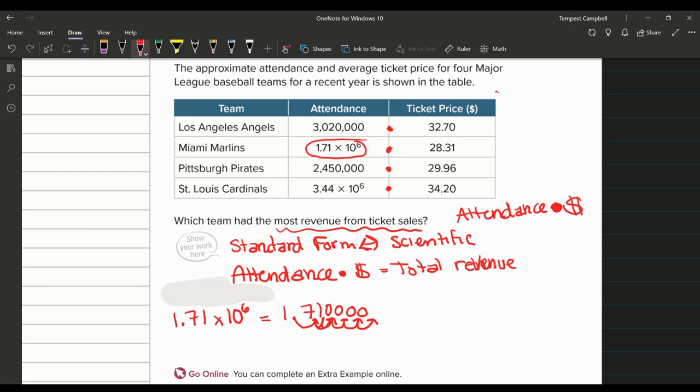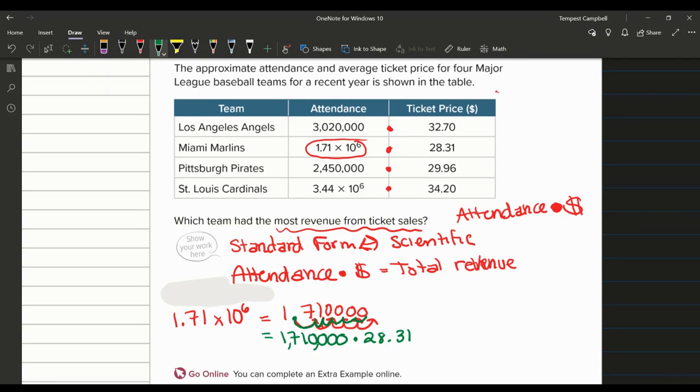Let's double check that. I'm going to get a different color. We started with it here. We go 1, 2, 3, 4, 5, 6. So this number is going to be 1,710,000. And then we're going to multiply that by 28.31.